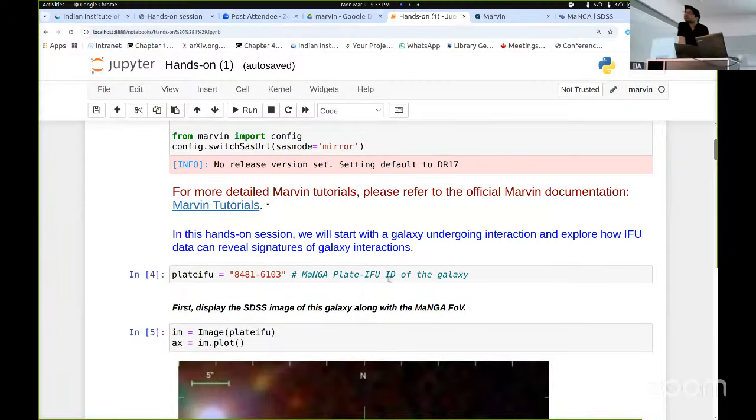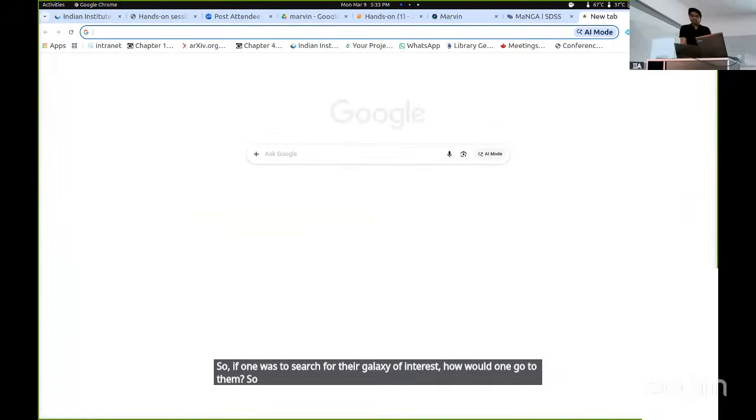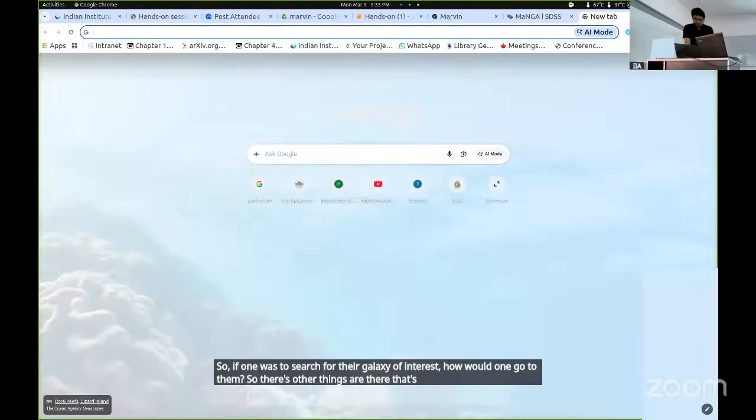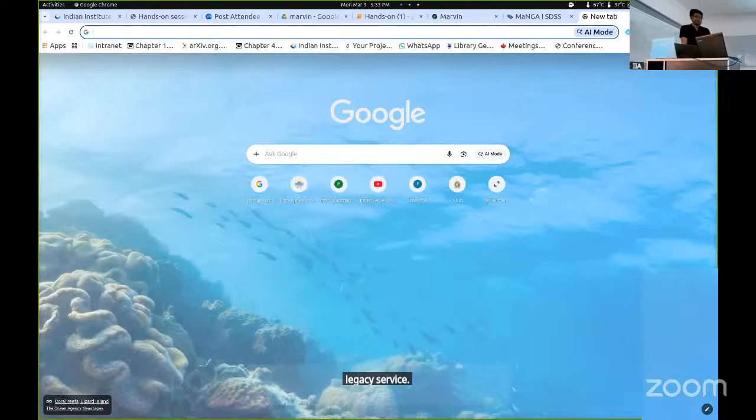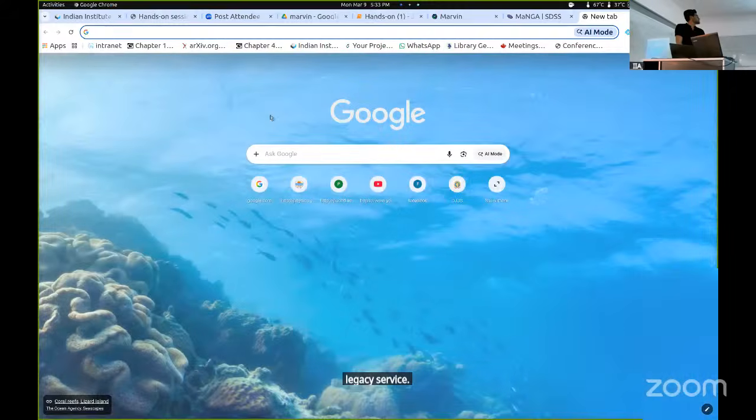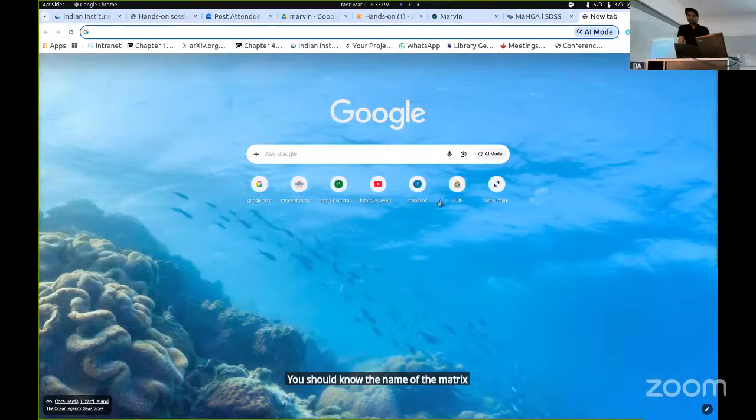If one wanted to search for their galaxy of interest, how would one go about that? You can go to the Legacy Survey. You should know the name of the galaxy, and you can just put it here. This is the same galaxy.